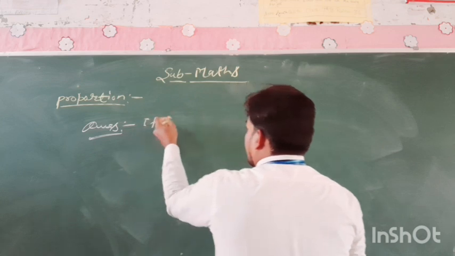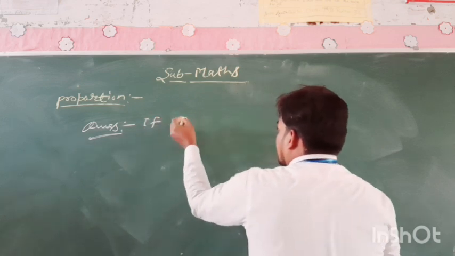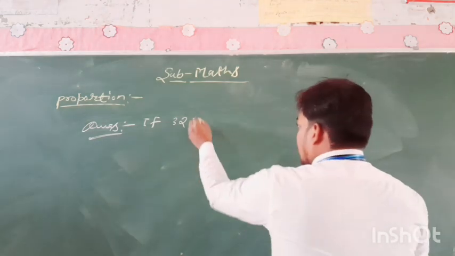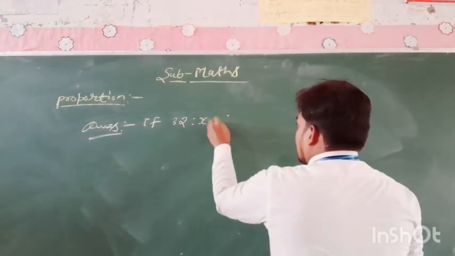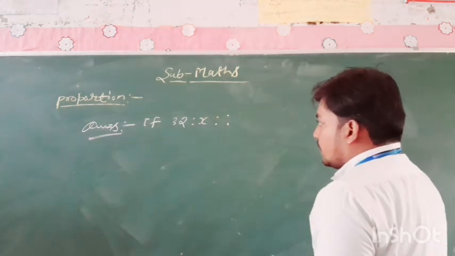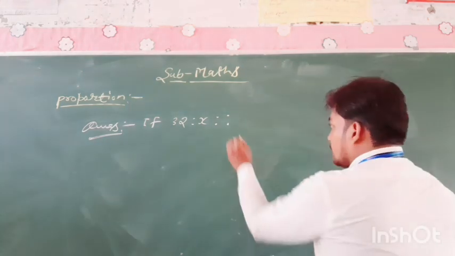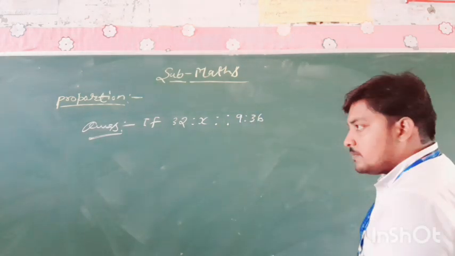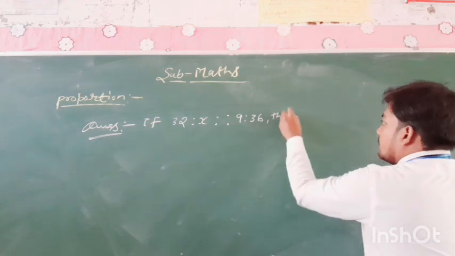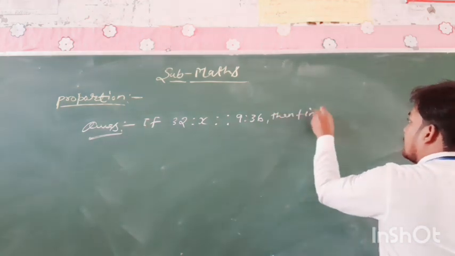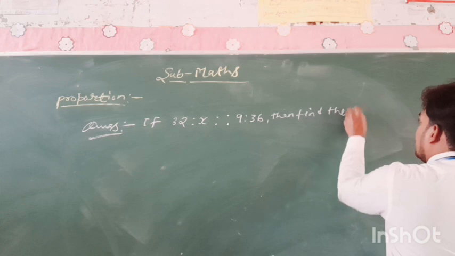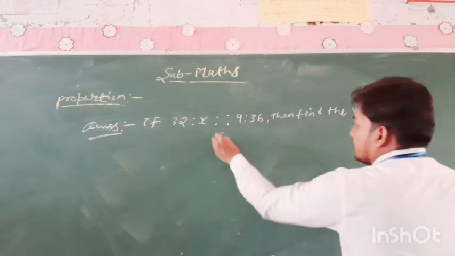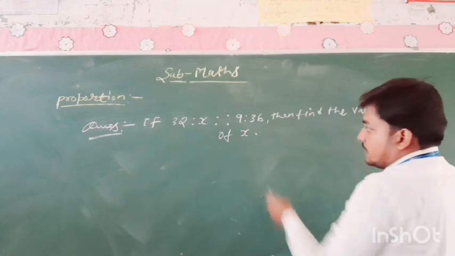If 32 ratio x are in proportion with 9 ratio 36, then find the value of x.